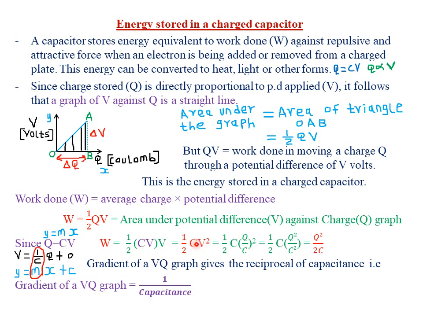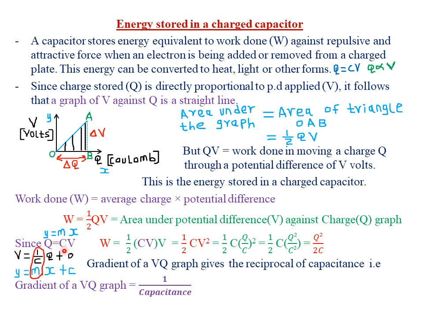Also, we can express the same equation in terms of Q and C alone. So that simply means that we will substitute the value of V. Of course, we know from this particular formula, if Q is equal to CV, then V can be given by Q divided by C. That is, if we make V the subject of the formula in this equation.